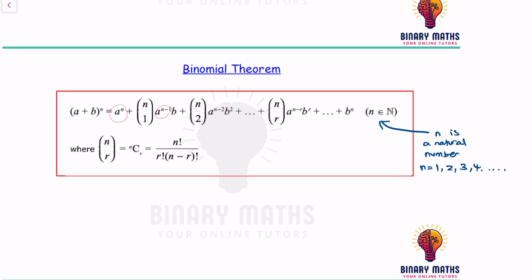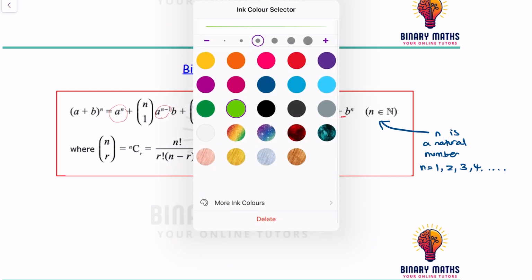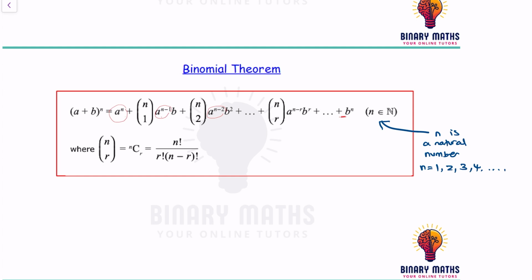It's a to the power of n minus 1, then a to the power of n minus 2, and it decreases all the way until the point where there's no a present. If you look at the power of b in a similar way, and let's do that in green, here there's no power of b, but then the power of b is increasing as you're going along. So one of them increases, one of them decreases.